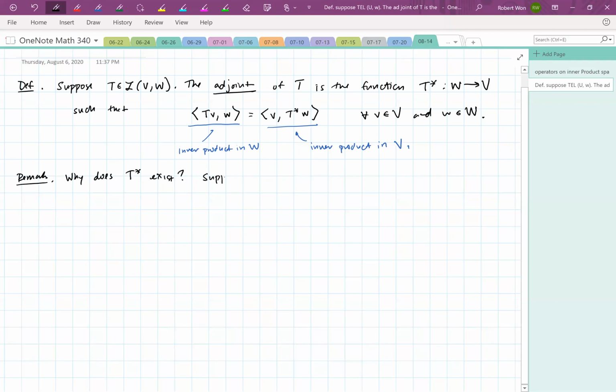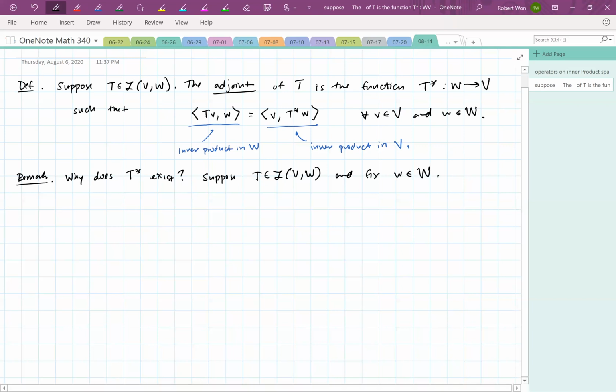So suppose that T is a linear map from V to W, and let's fix a vector w in W. Then we can consider the linear functional V to F that maps v to the inner product of Tv and w.